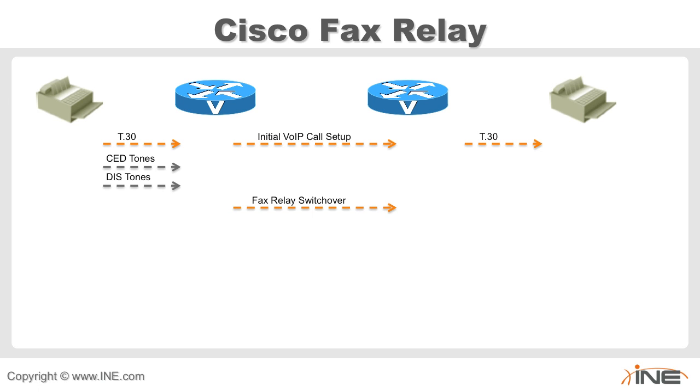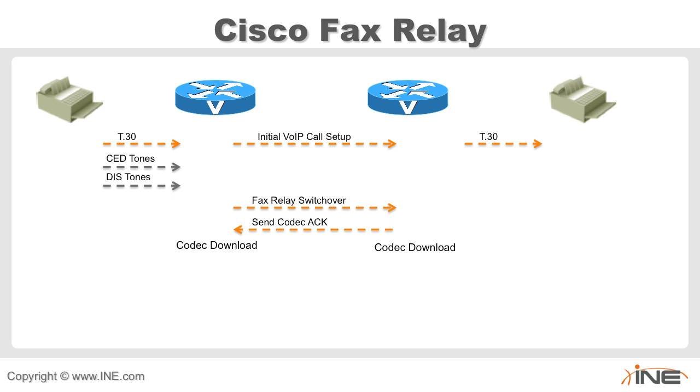Then the originating gateway will switch over to fax relay. It's going to take all those tones and all the subsequent tones that it hears for the actual fax, turn those into reliable ones and zeros, and transmit them out of band in the actual Cisco proprietary fax relay.